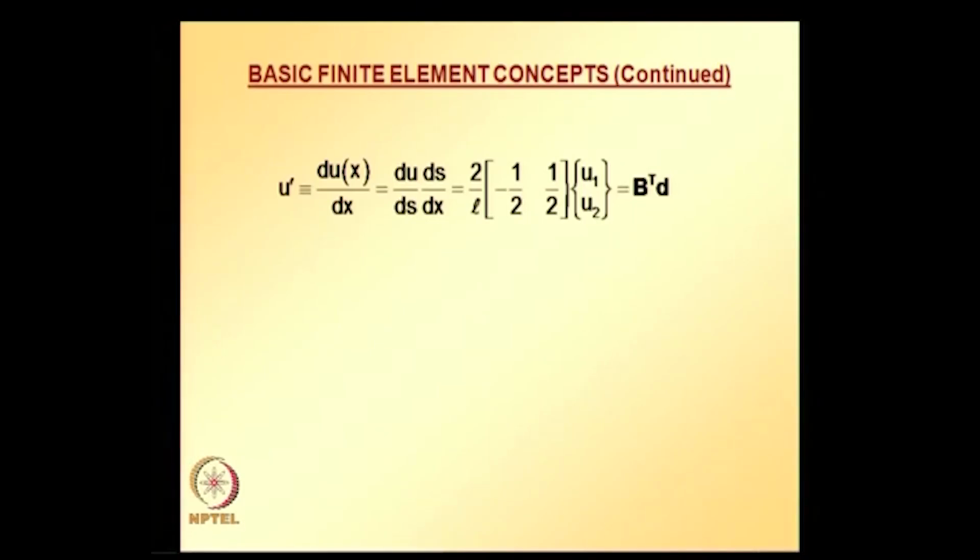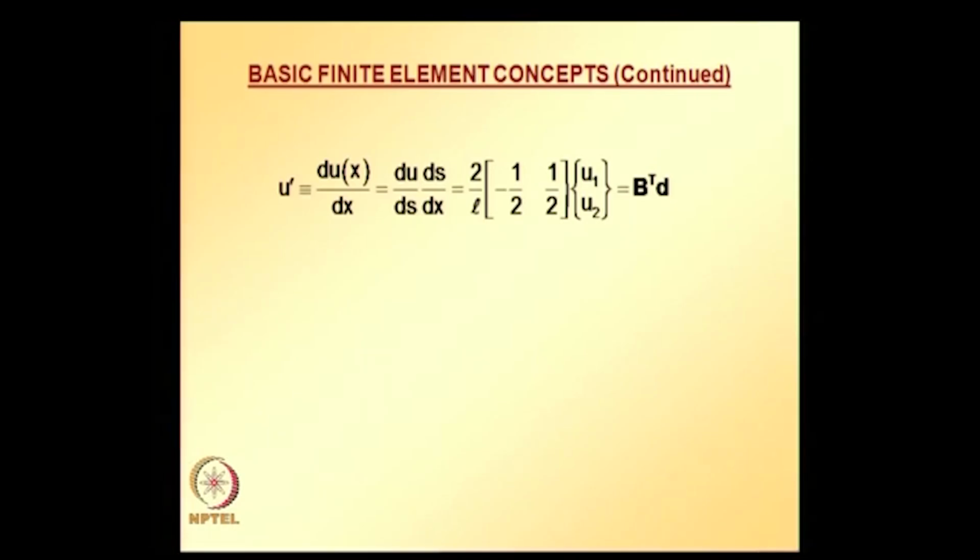That B transpose, if you see, relates a strain-like quantity, derivative of u is a strain-like quantity, on one side, the other side you have d, d is the nodal parameter. So, it relates the strain-like quantity to the nodal values, it is called the strain displacement relation.